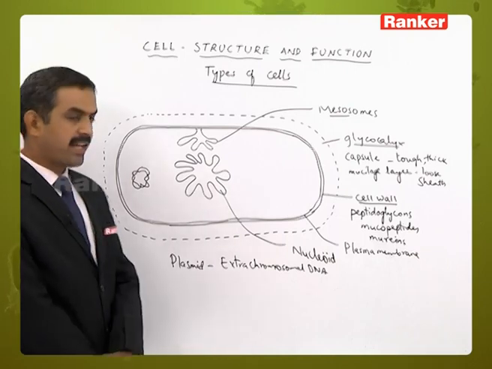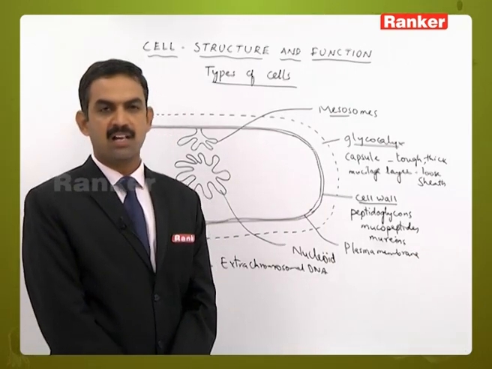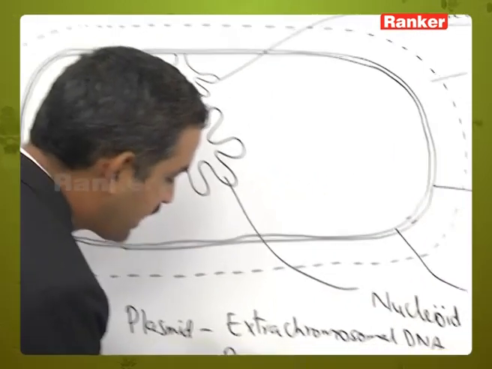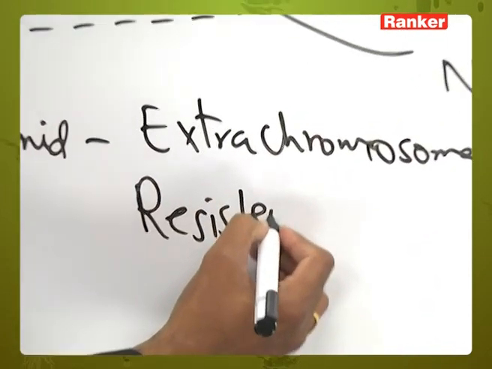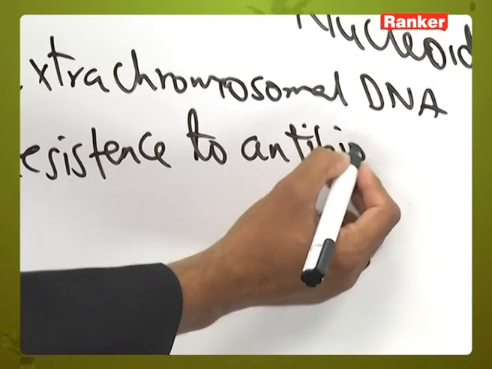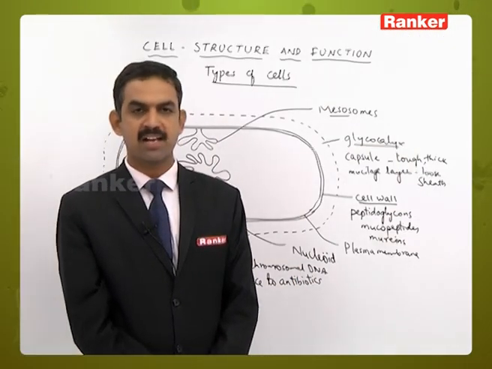So what is the significance of this plasmid? Due to the presence of the plasmid, the bacteria acquire some new characters like resistance to antibiotics such as streptomycin and ampicillin.